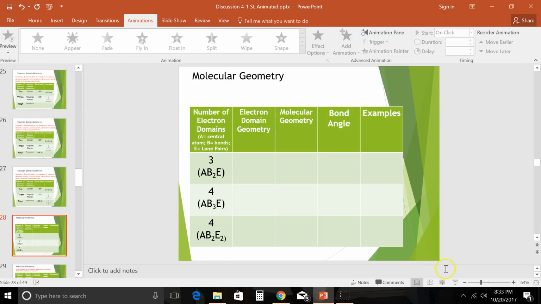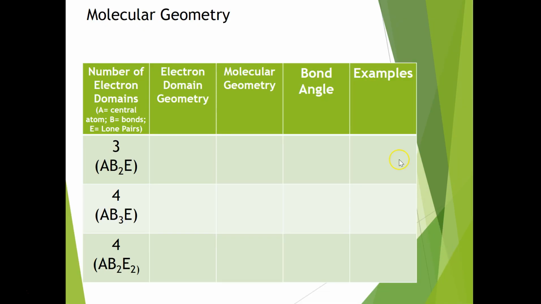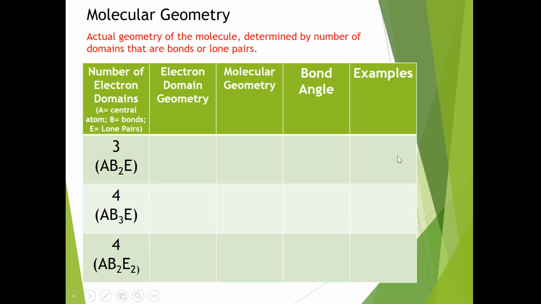Okay. So next let's talk about molecular geometry. The molecular geometry is the actual geometry of the molecule. It's the actual shape of the molecule that we see if we were able to zoom in and look at it. Now that is determined by the number of domains around the central atom that are bonds or lone pairs. And changing the number of bonds or lone pairs will determine what the overall shape is.